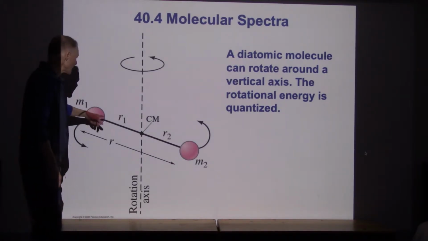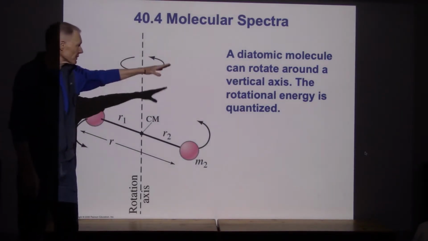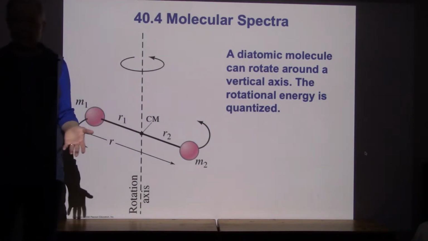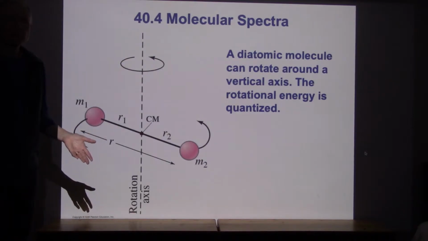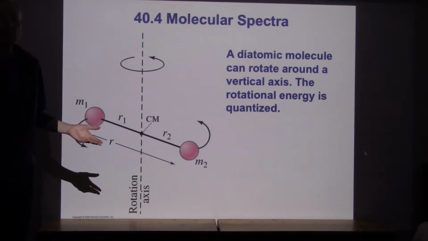So here's an example of a diatomic molecule. We're going to start with the simplest examples, and that's really about as far as we're going to go. So we're only going to look at diatomics, things like H2, N2 nitrogen, O2 oxygen, carbon monoxide, CO, that's diatomic.